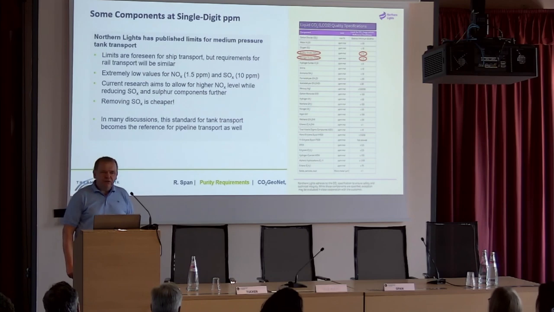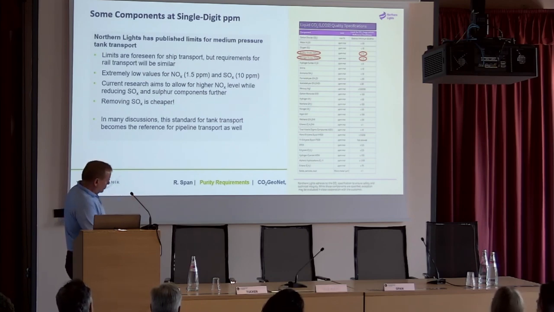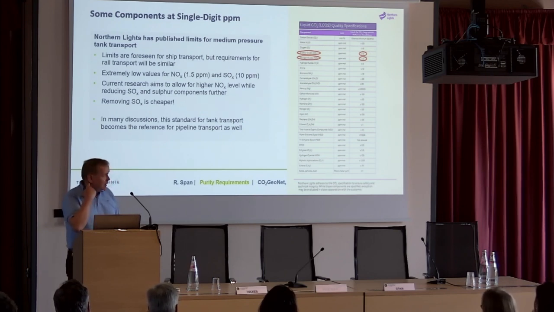But then there are these impurities where we are really down to a ppm level. So sulfur oxides less than 10 ppm, nitrogen oxides 1.5 ppm. That's the Northern Lights specification.